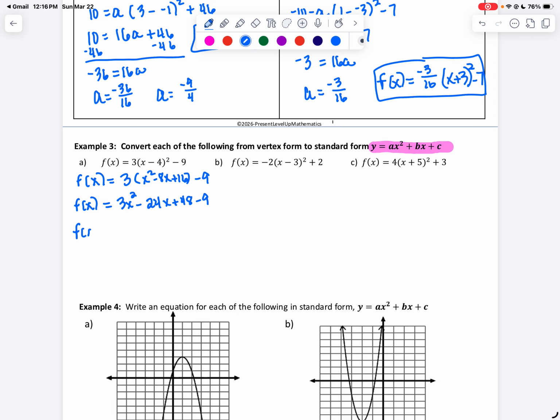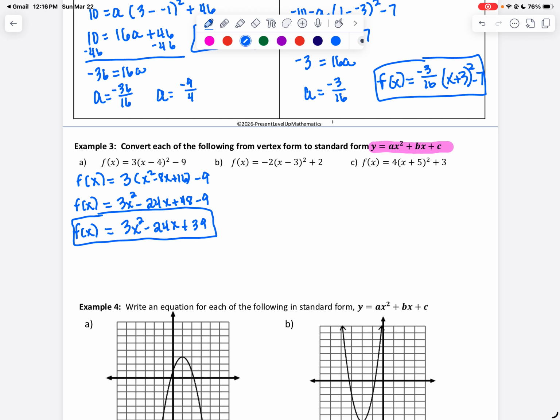Now combining like terms, we get f of x equals 3x squared minus 24x plus 39. 48 minus 9 is 39. Now we've converted 3 times the quantity (x minus 4) squared minus 9, which was in vertex form, into standard form so that there are no parentheses or like terms left to be combined.